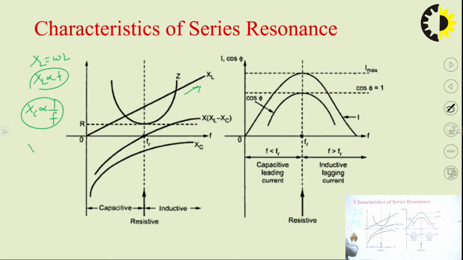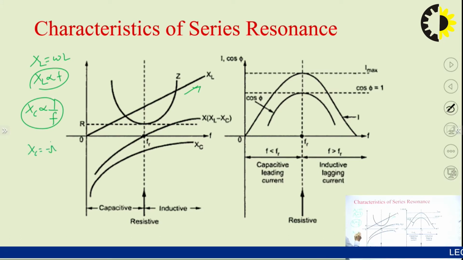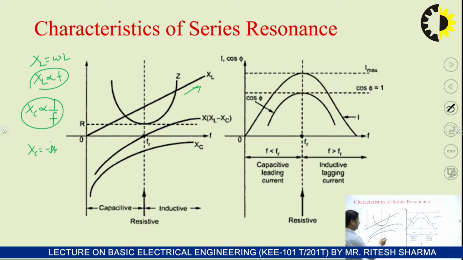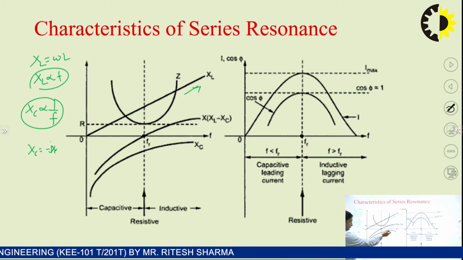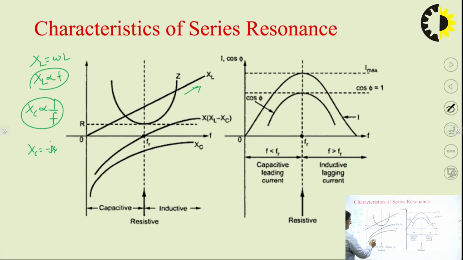We always take it as minus jXC, so we draw it in the fourth quadrant. This is our XC, and this is our frequency.